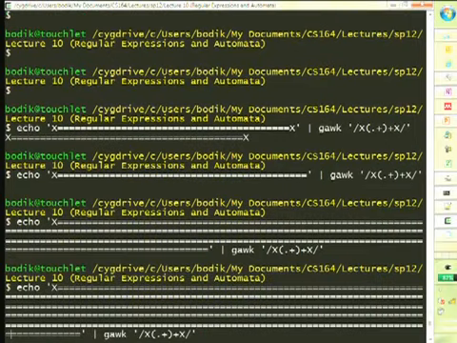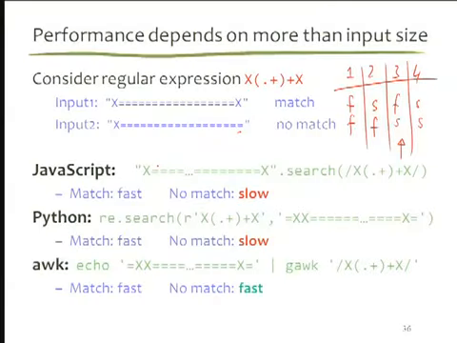So what does Gawk do? It could, but I don't believe it does. It actually leaves the state machine, which has essentially two nested loops, intact. And it still does it fast.